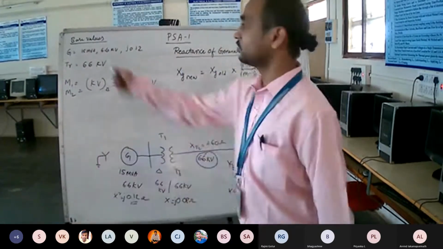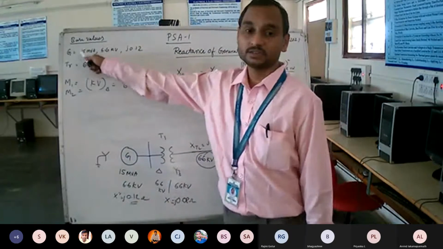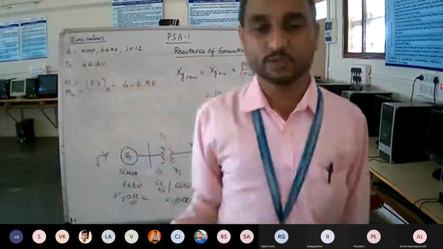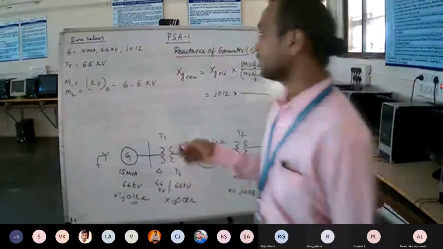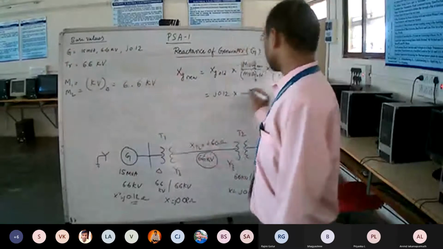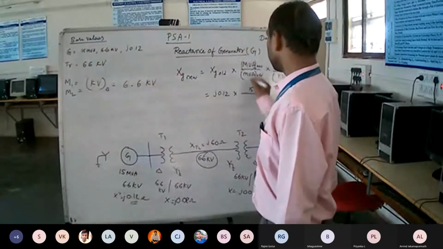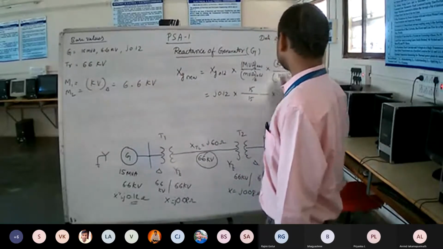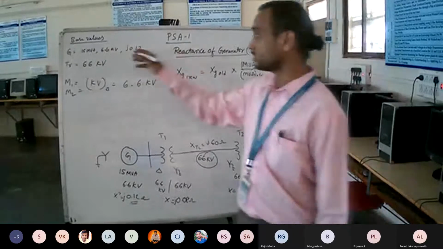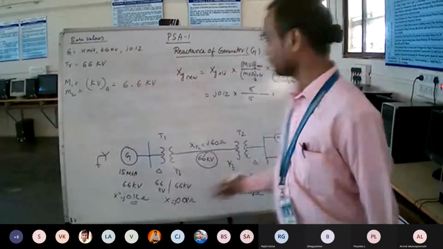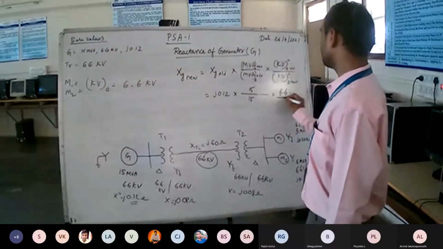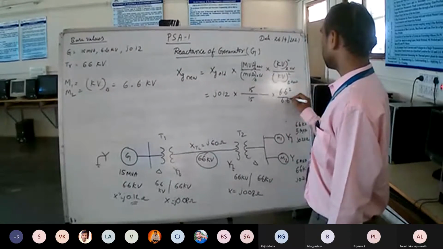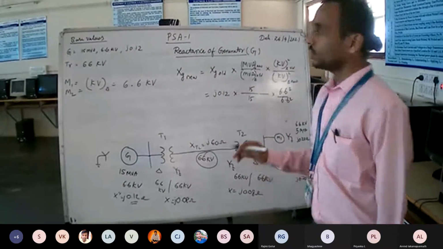What is MVA new for the generator? It is the same: 15 MVA. MVA old is also 15 MVA. The kV base old and kV base new are both the same, so write 6.6 divided by 6.6 squared.